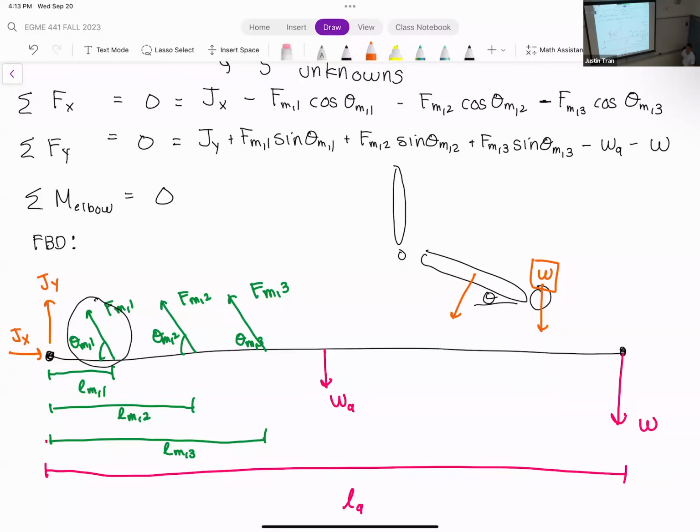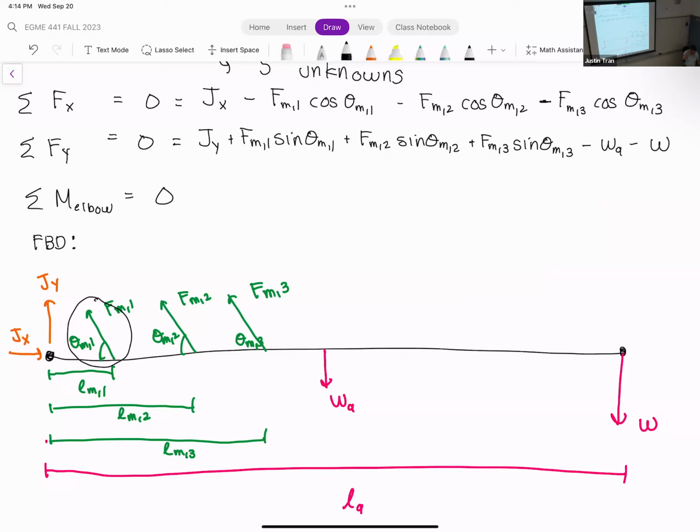But remember, the weights are always vertically down. We always assume that gravity is pointing vertically down. So whenever you have any weights, unless we're summing up the forces in a strange direction, which we're actually going to do an example of later today, you can always assume weights are vertically downwards.